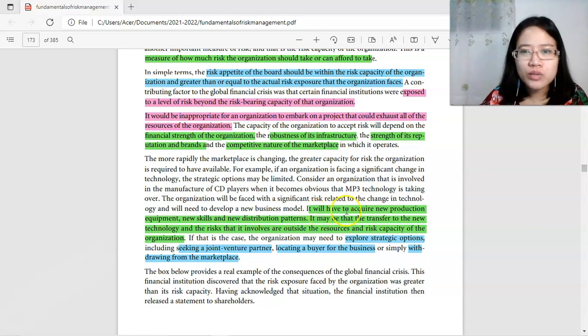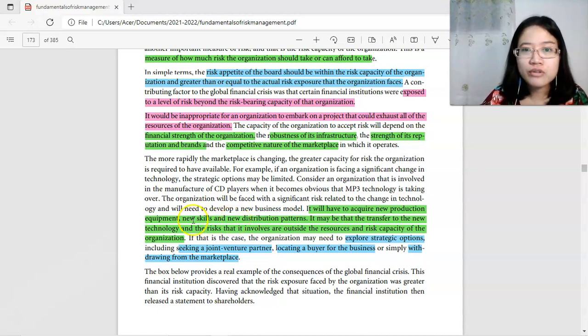So ito, it will have to acquire new production equipment kapag syempre iba yung ginagamit na equipment to produce CDs compared to MP3s during that time, in transition. Although ngayon halos wala na rin MP3 players kasi smartphones na talaga, ganyan.